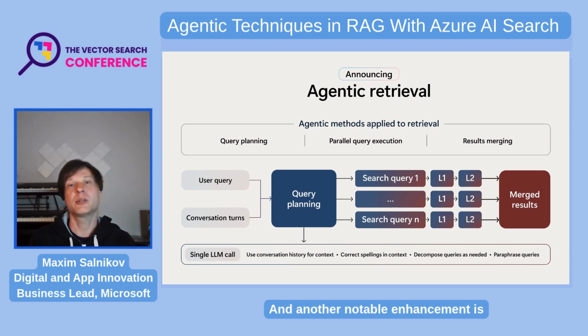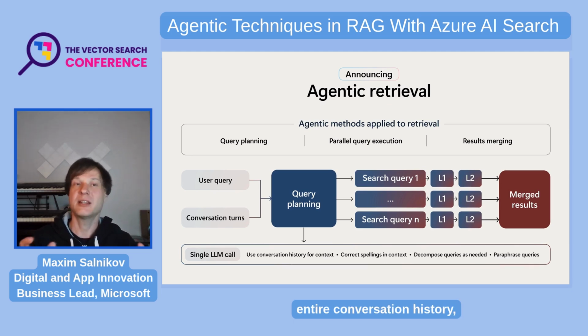Another notable enhancement is that Azure AI Search can now process the entire conversation history, not just the latest message. And of course, that supports query planning much better.